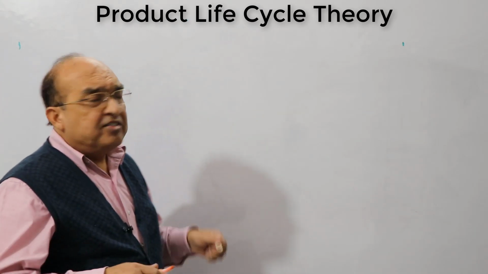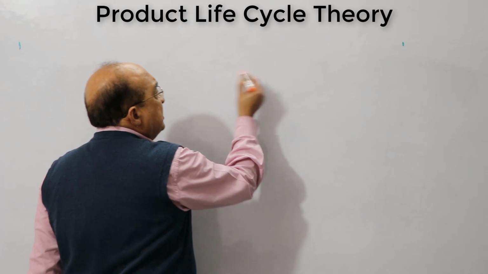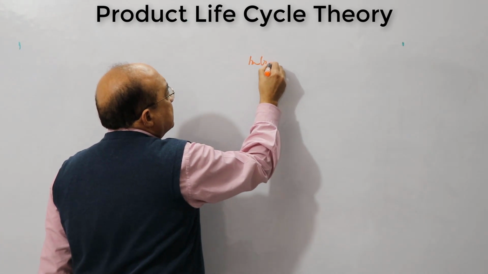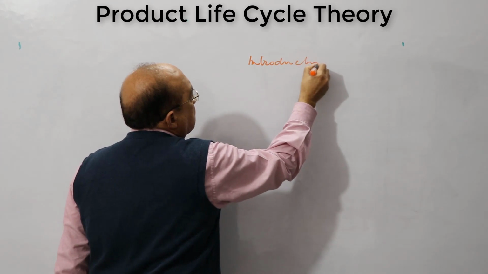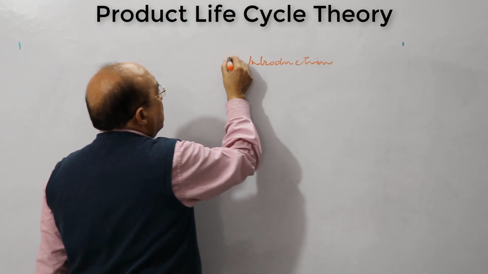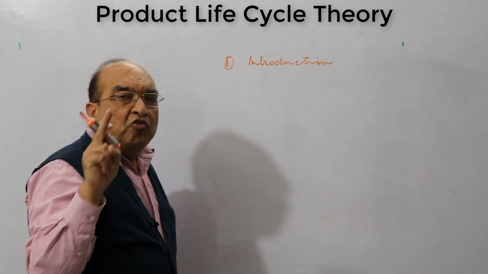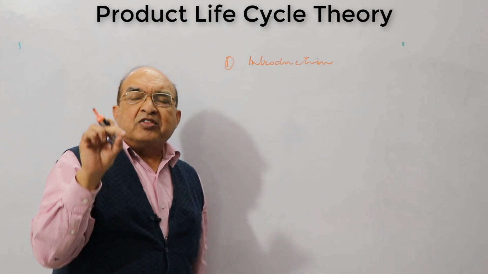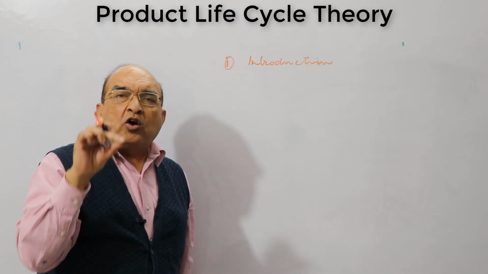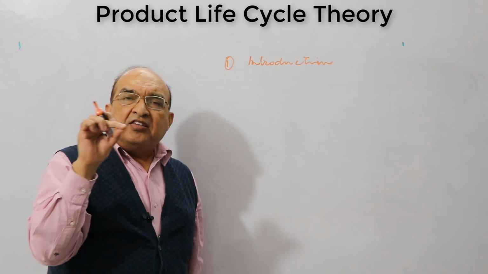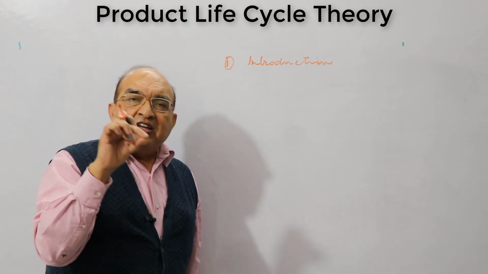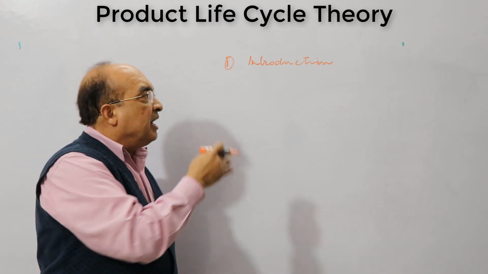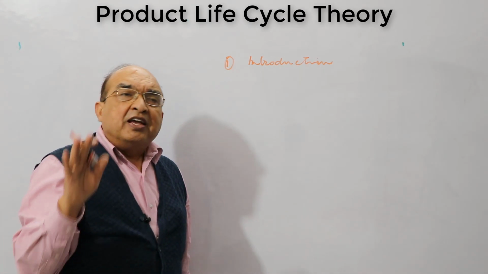These four stages begin with the initial stage, the introduction stage, or when the good is introduced. Obviously, this introduction or invention of the good is the result of expenditure on research and development, and the new product comes.